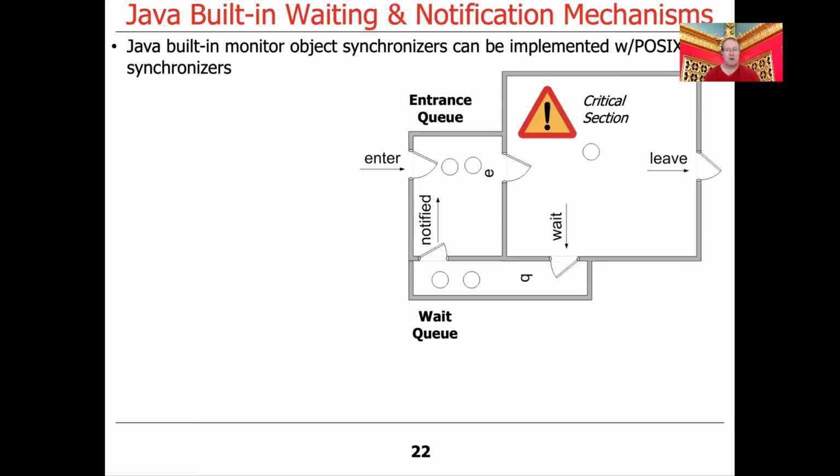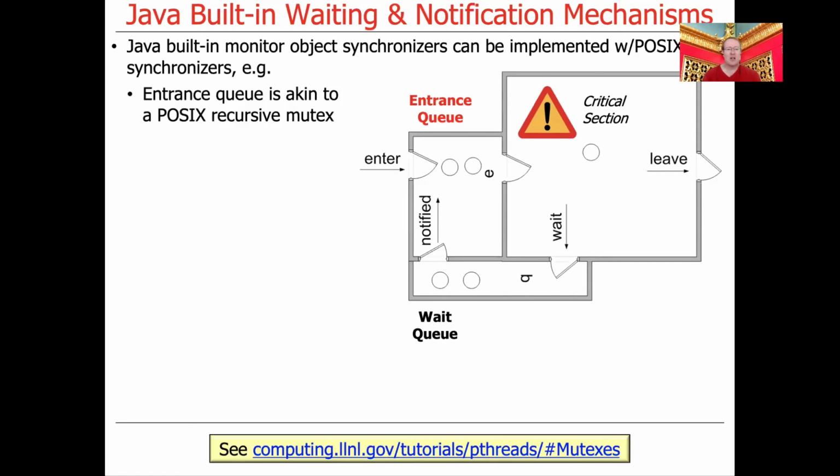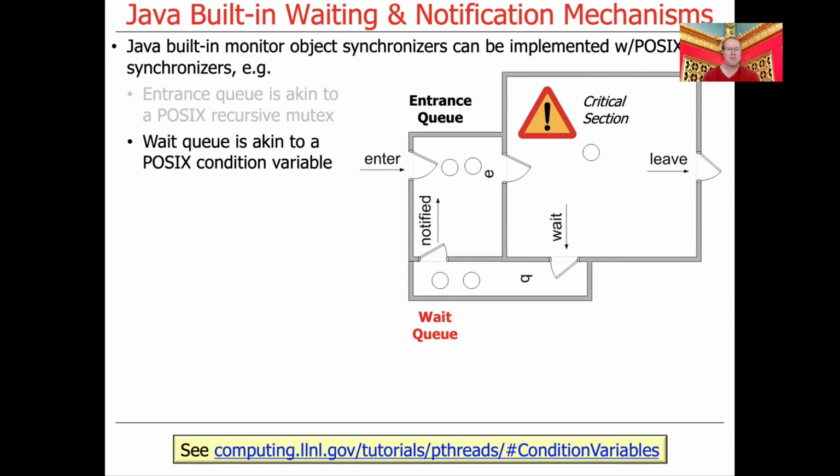Now, the way that these built-in monitor objects and their synchronizers are implemented under the hood is typically by using POSIX synchronizers or some other variant. For example, if you're on Windows, they have other synchronizers, but it's basically the same kind of idea. So, for example, the entrance queue could be implemented by a POSIX recursive mutex, a very common thing to do, which is just a recursive or reentrant mutex that's implemented in C as opposed to Java.